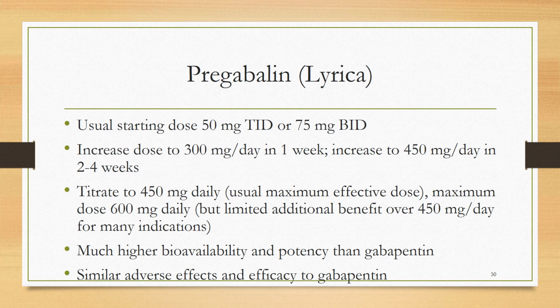The max dose is usually 450 is the maximum effective, but the maximum dose in total is 600 milligrams. You just don't really see any effect beyond that 450 milligram daily. Again, much higher bioavailability and potency, but similar side effects. And this is actually a Schedule 5 drug because of the euphoria.